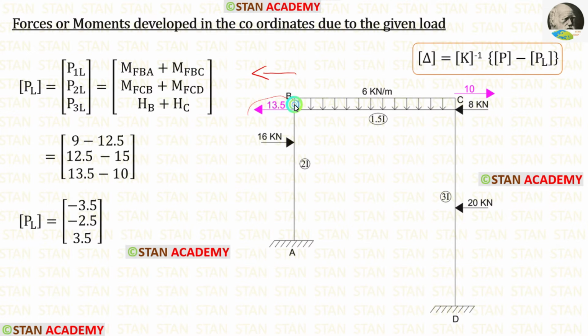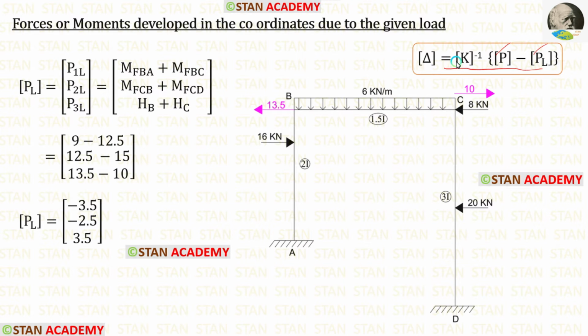Since this reaction is acting in the coordinate direction, it will be positive. This reaction is acting in the opposite direction of the coordinate. It will be negative. When we add these two values, we will get 3.5. In this formula, we have found P matrix and PL matrix.